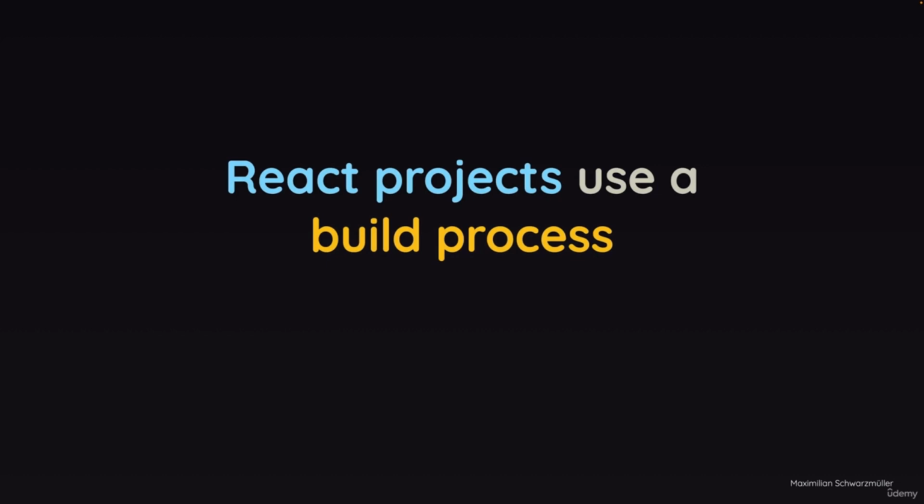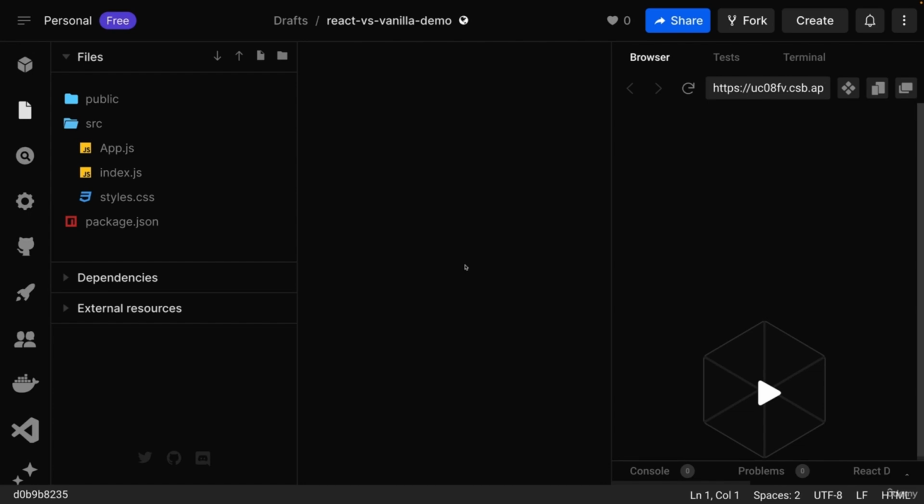Because React projects almost always use a build process, which, as part of that build process, injects these script tags into the HTML code for you. And in the next lecture, we'll explore why we use such a build process in React projects.